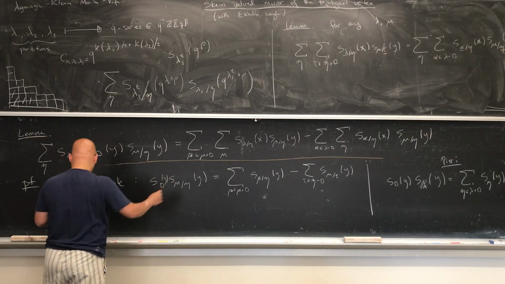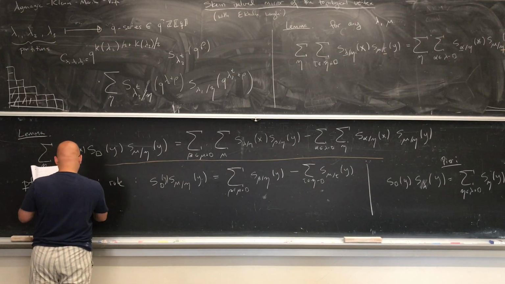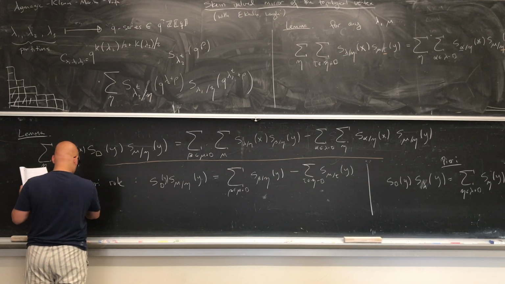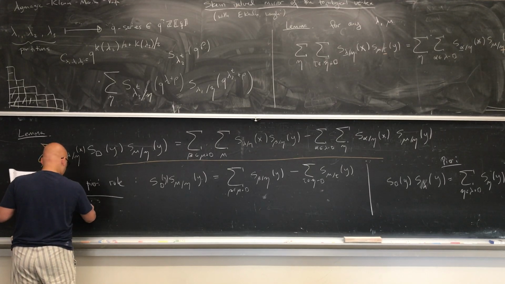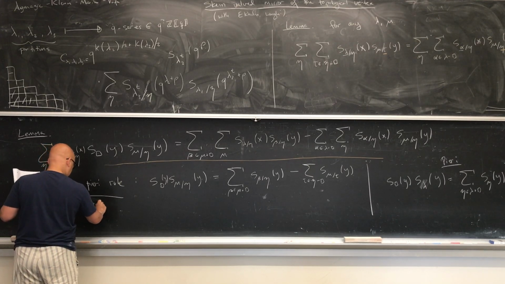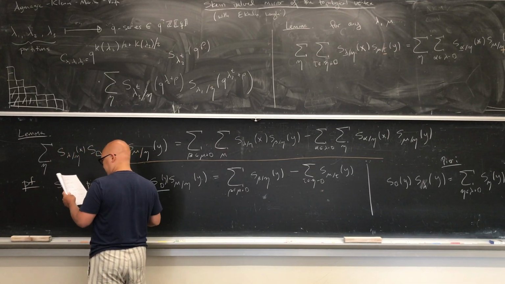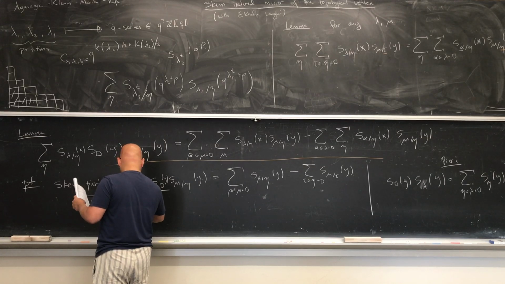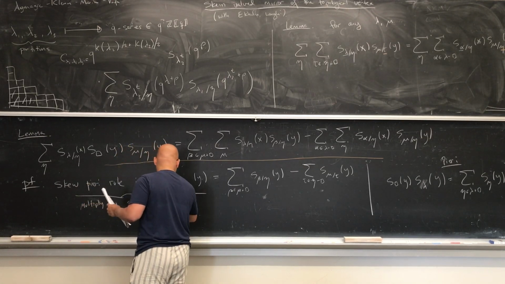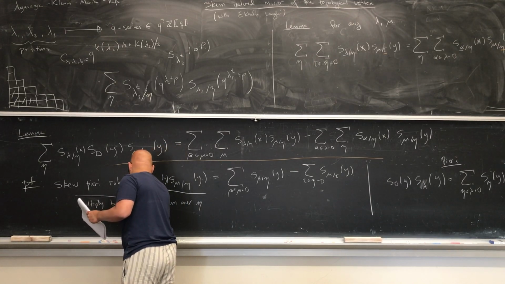Okay, and so there's the skew-Pierre rule, and to derive this formula from the skew-Pierre rule, you multiply by s lambda over mu at lambda over eta, sum over eta, and then apply the first lemma.